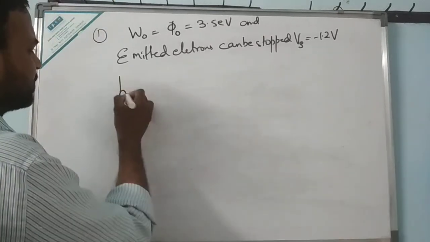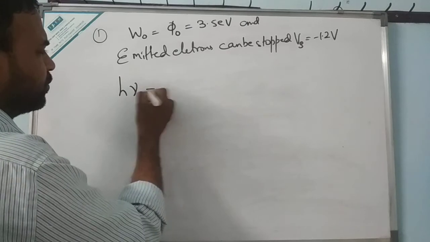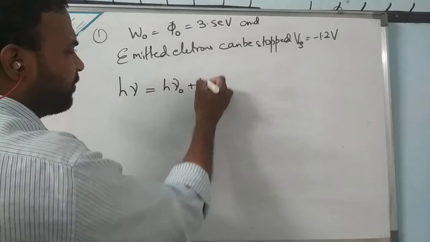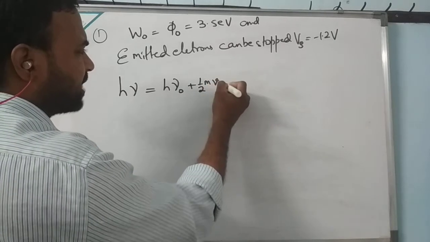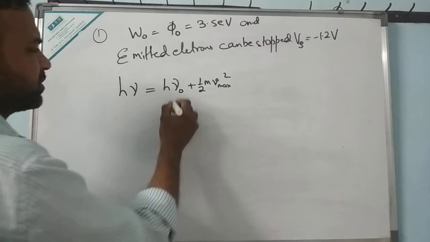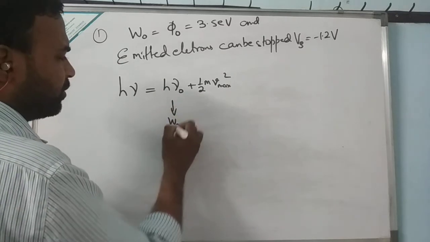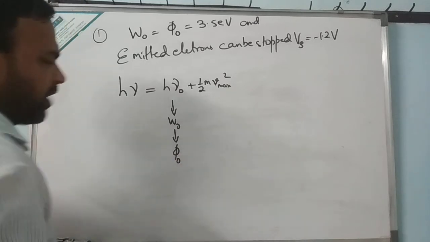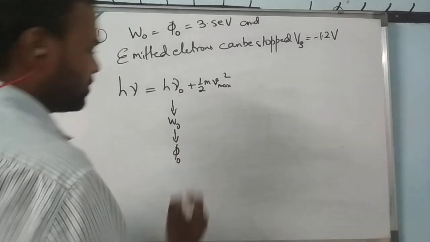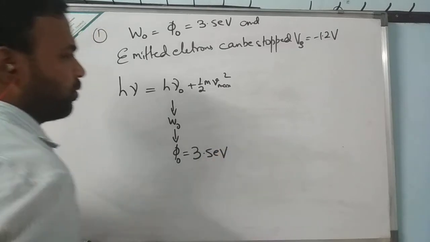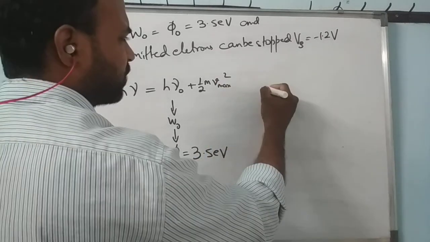It is nothing but h nu, which is equal to h nu naught plus half m v max square. But we know already the h nu naught is nothing but W naught, or in some textbooks, like DC Pandey's books, it is phi naught. So this has been given to us as 3.5 electron volts. What about half m v square?